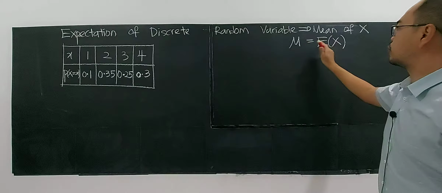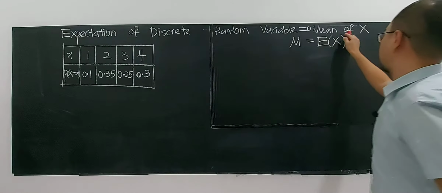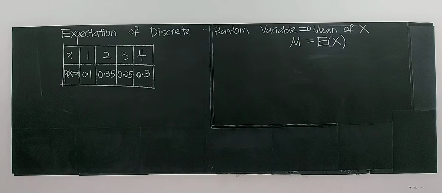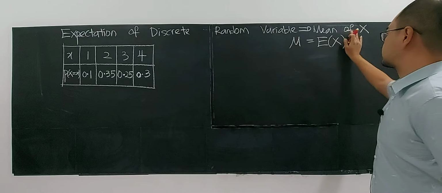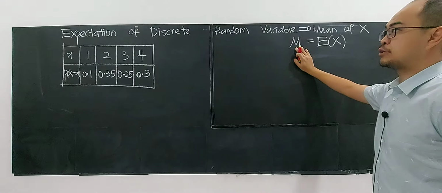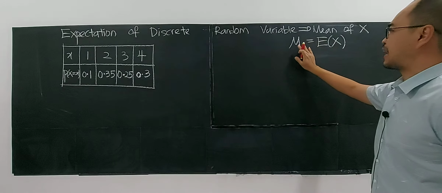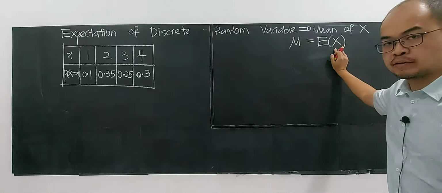Another name for this is the expectation of x, the expectation of the discrete random variable. I repeat again, this is the mean of x, or we can say the expectation of x, or the expected value of discrete random variable x.